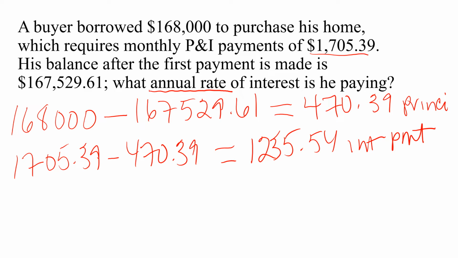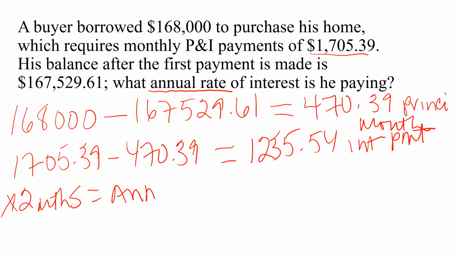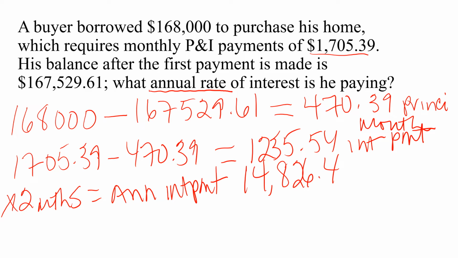So if I take that per month and I multiply it by 12 months, then my annual interest payment is 1,235.54 times 12, which is $14,826.48.